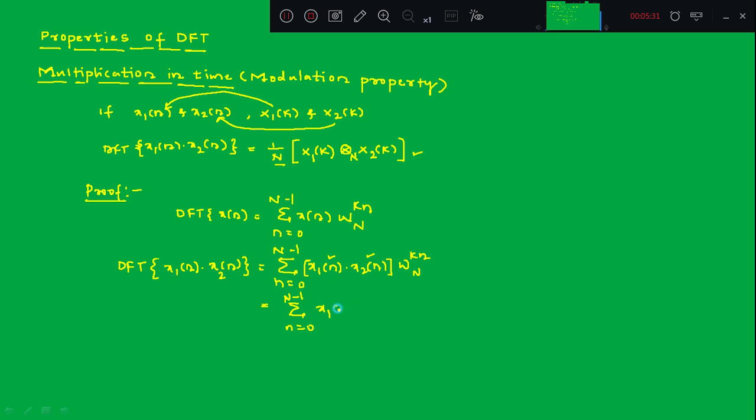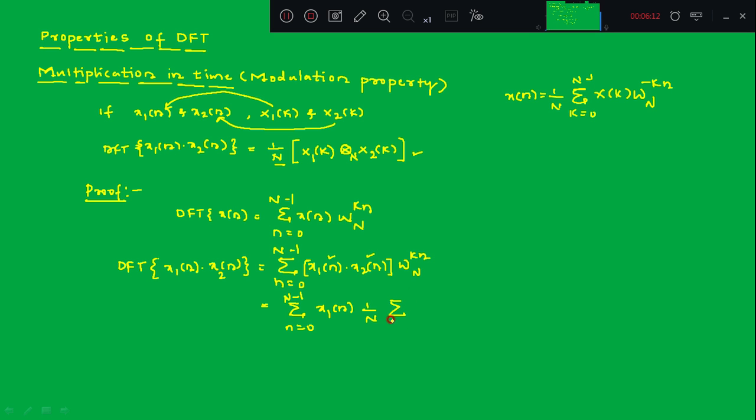We'll keep x1 of n as it is, and using the IDFT definition I will write down x2 of n. Using IDFT, how do we write x of n? x of n is equal to 1 divided by N, summation k equal to 0 to N minus 1 of X of k, and here it is W_N to the power minus kn. Understood? So I will keep x1 of n as it is, and I will write x2 of n using the IDFT equation, that is 1 divided by N summation.